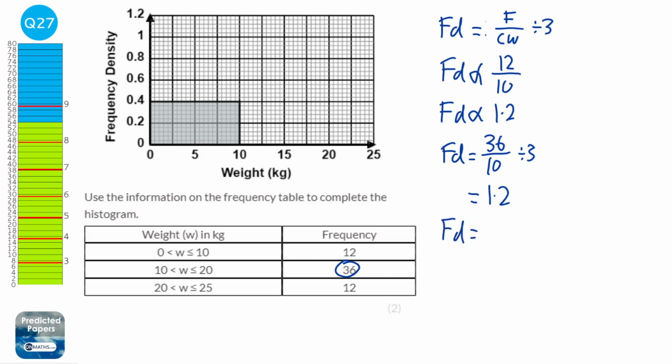Frequency density is going to be the frequency, which is 12, divided by the class width, which on this one is 5, divided by 3. Then when we do that, we get 0.8. So we're going to plot these on. So our next one is 1.2, so that goes up to 1.2. And then the last one's 0.8.